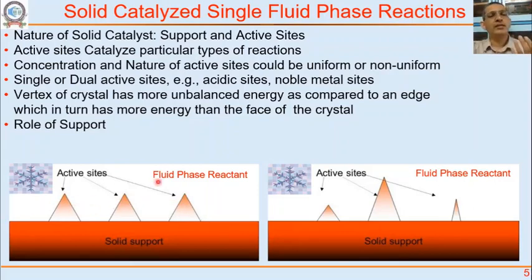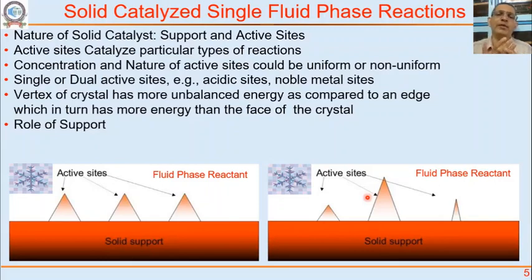All I'm trying to say is that the catalyst sites could be uniform in terms of deposition on the support. They are uniformly distributed, or they could be non-uniformly distributed, or there could be a distribution of activity of that particular active site. So for example, one active site may be very active for reaction, another site could be less active.